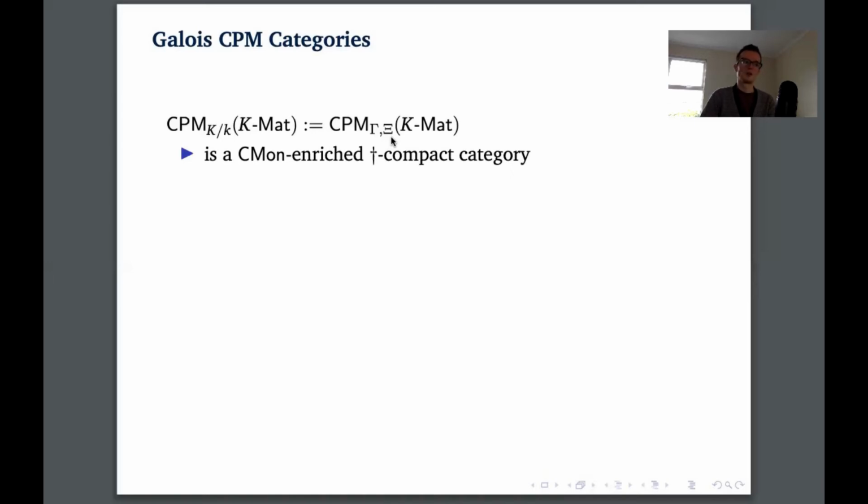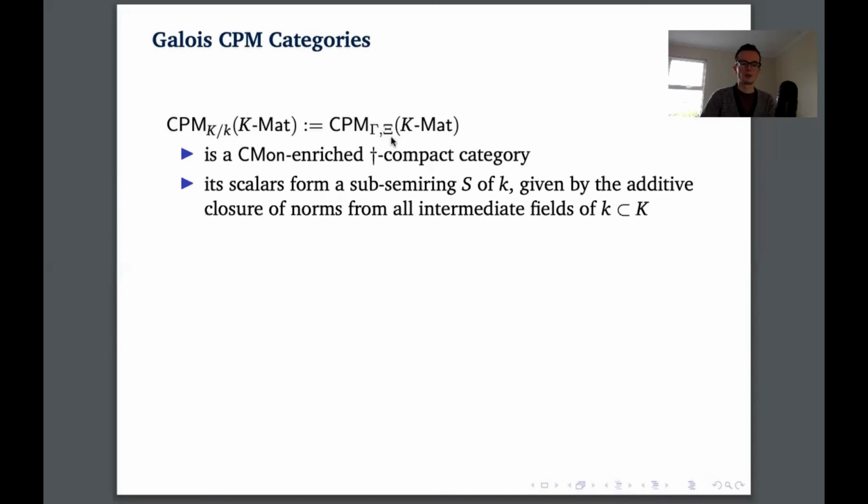For any category K-mat, it has a kind of boring dagger just given by the transpose. But if the Galois group contains an automorphism of order 2, then we can define a more interesting dagger on this category, which behaves a lot more like the normal one for quantum theory. The scalars of these categories form a sub-semi-ring S of K.